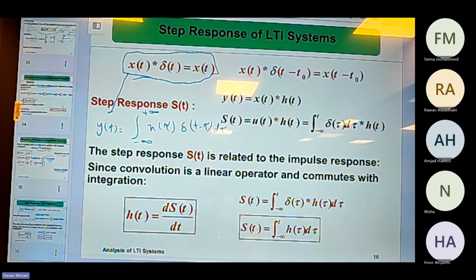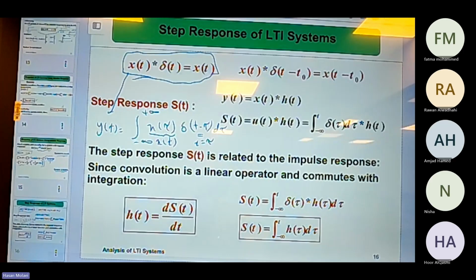If we multiply delta by any function, by the sampling property, it is only relevant at the root of delta. So here the root of delta is where we make the argument 0, which means t should be equal to tau. So I can write this as x(t).